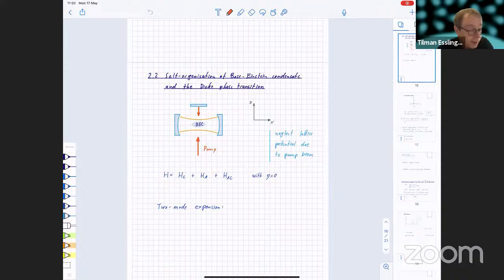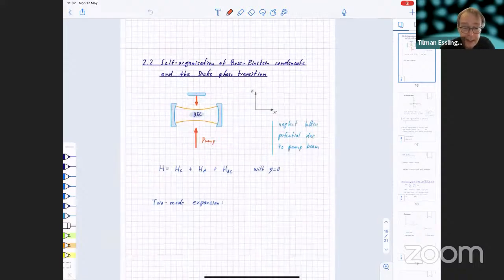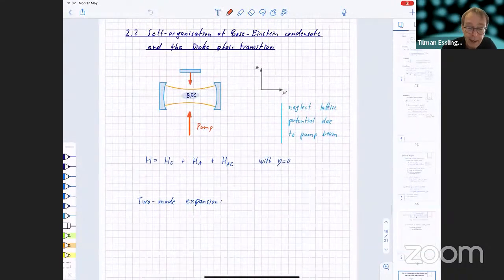So the setting is the following. Last time we looked at a single atom inside a cavity and how you have to treat that. Now we will look at a whole ensemble of atoms, specifically a Bose-Einstein condensate inside a cavity.